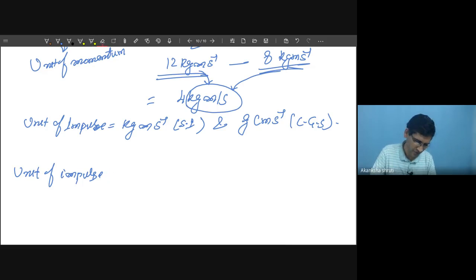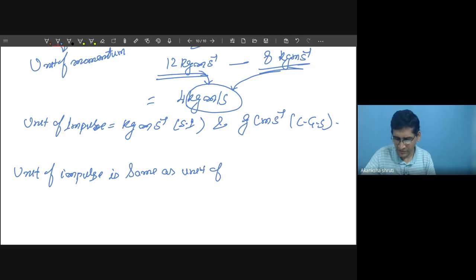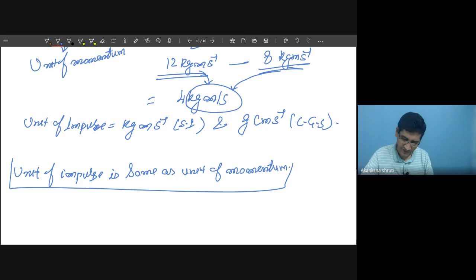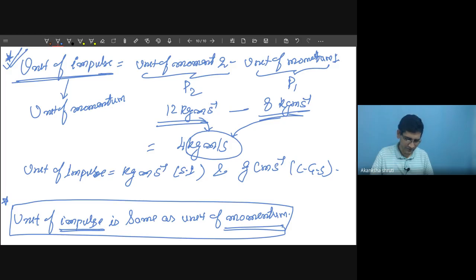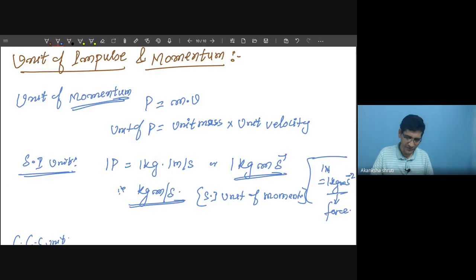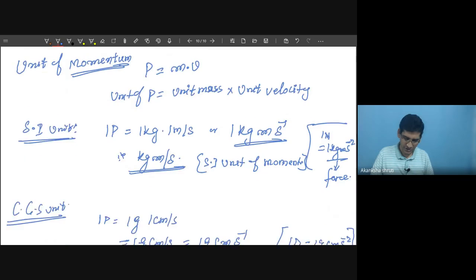This is also asked: which of these two quantities have the same unit? It is impulse and momentum. Impulse is basically the change in momentum, so it has the same unit. Okay, so this was about impulse and the unit of impulse.